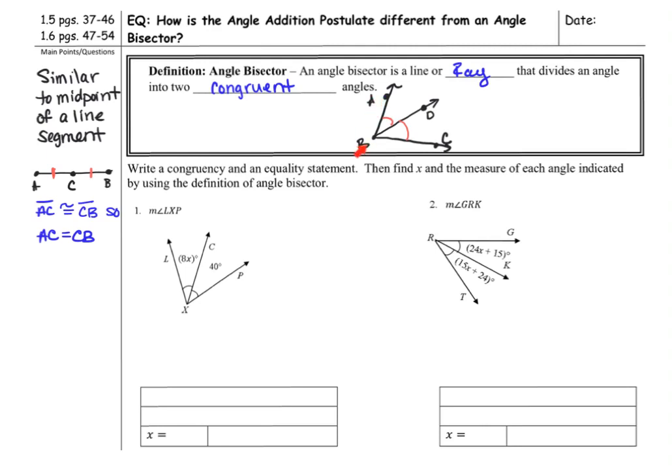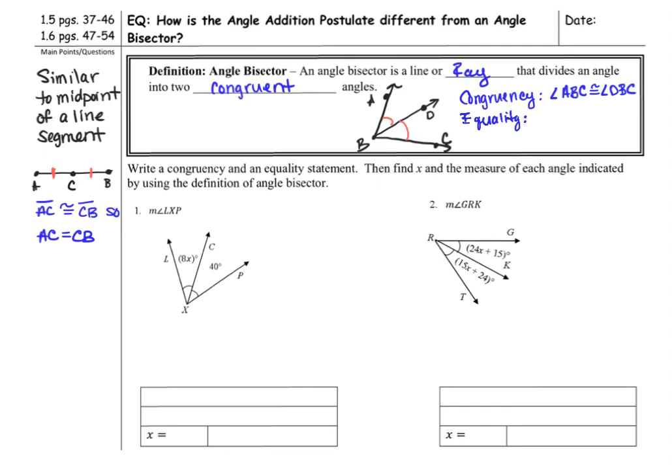So let's go ahead and write a congruency statement. Angle ABD is going to be congruent to angle DBC. If these two angles are congruent, that means that their measurements are equal. So we can also write an equality statement. An equality statement is going to look a little bit different.